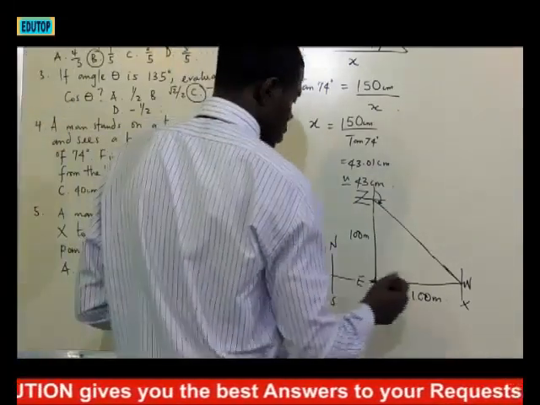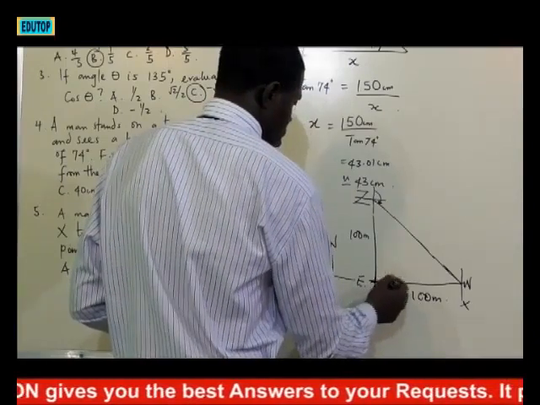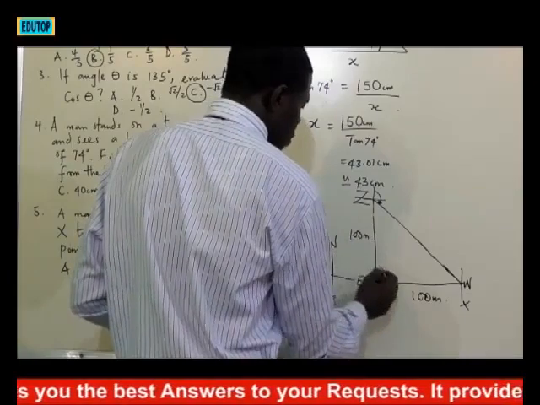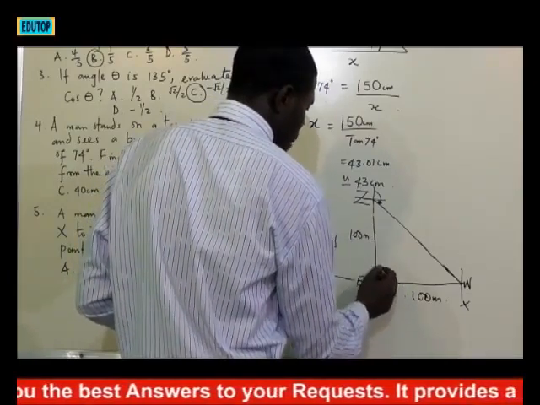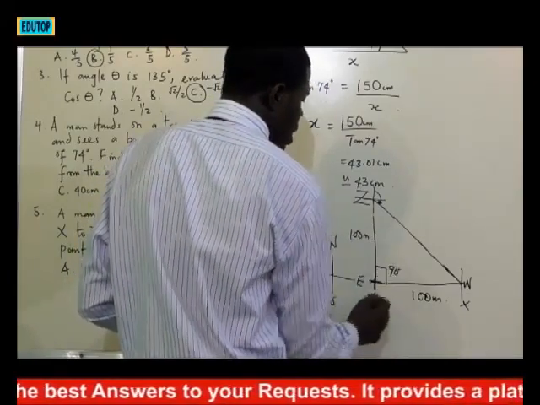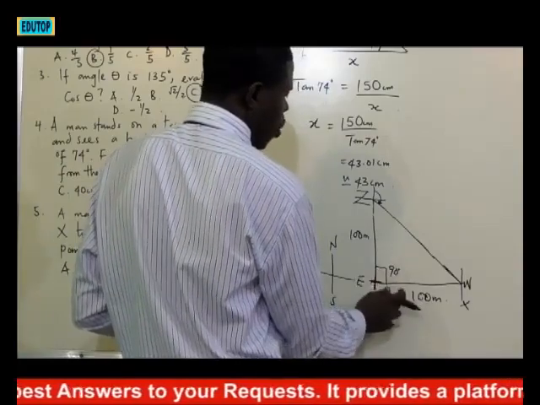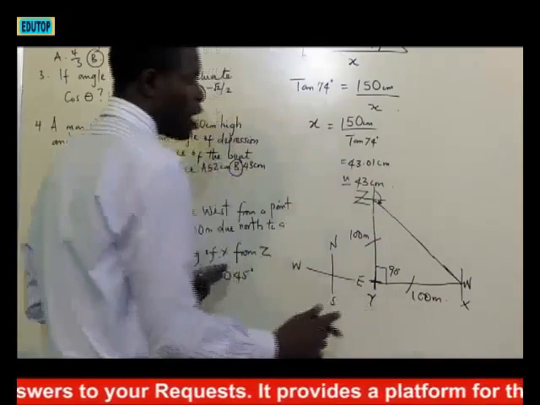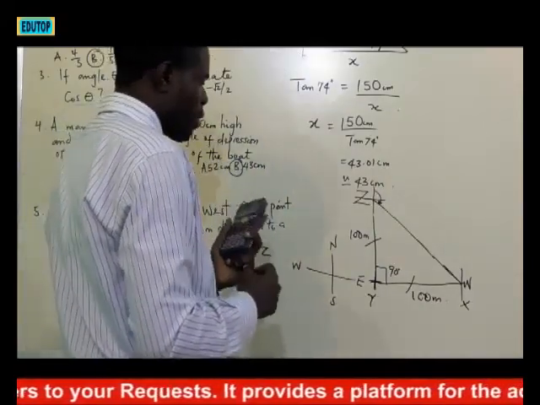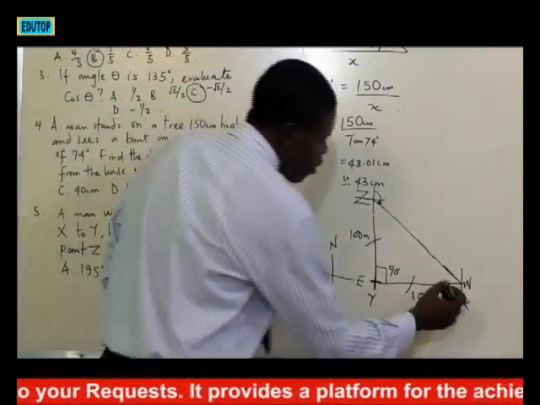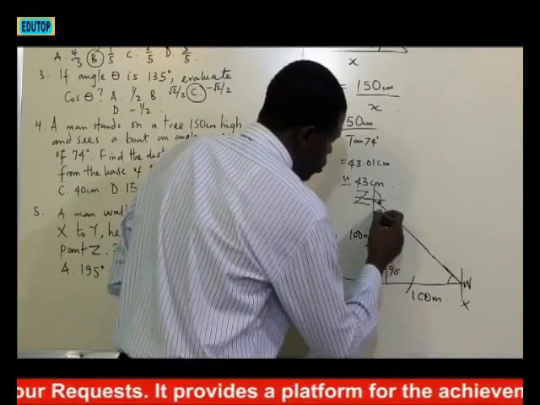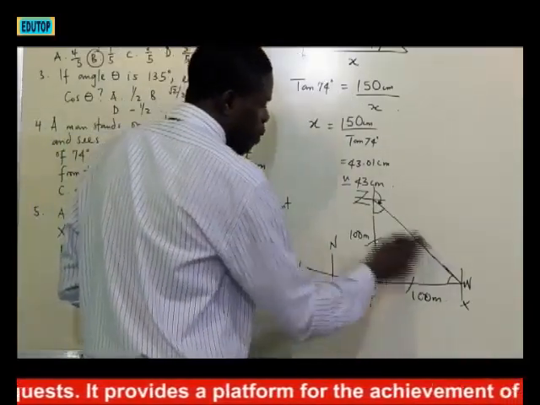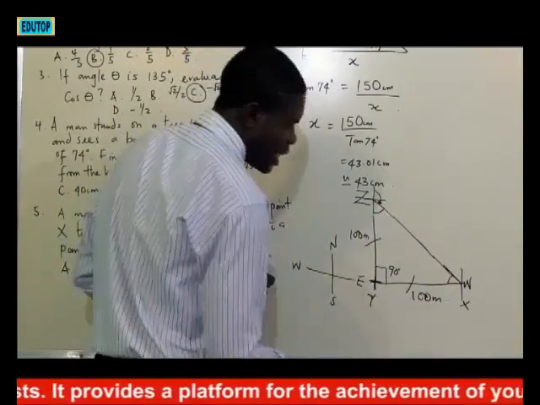Now, the next question is, this place is what? This place is 90 degrees because it's perpendicular. And remember that these two sides are equal. So automatically this makes this what? An isosceles triangle. And what is one of the properties of an isosceles triangle? The base angles are equal. So this angle must be equal to this angle. You should note that. And since this place is 90, the sum of angles in a triangle is what? 180 degrees.